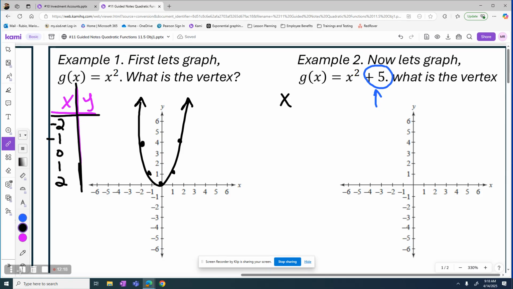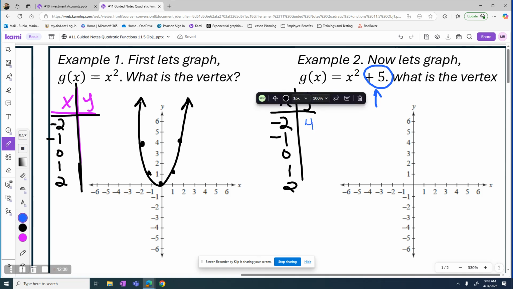Okay, so let's see what that looks like. I'm going to try to move out of the way here. Same numbers, same substitution, except instead of doing a little baby one, we have to do an extra step. Okay, so look, negative 2 squared is 4, plus 5, equals 9. Does that make sense?